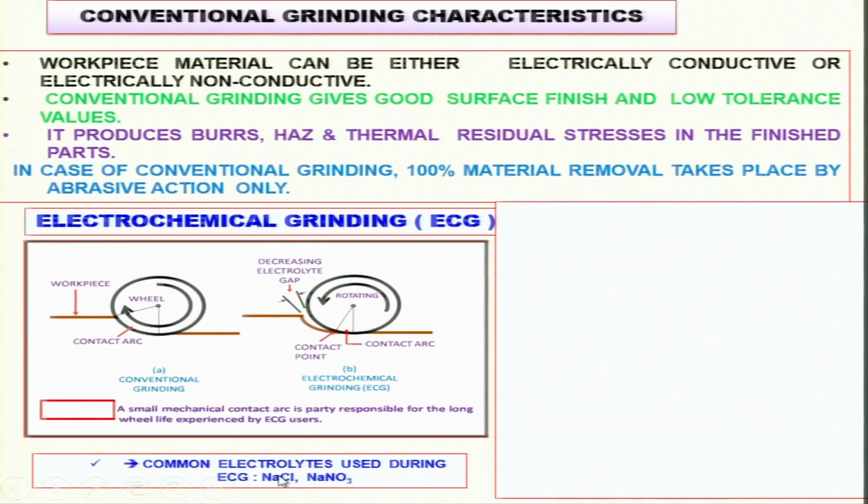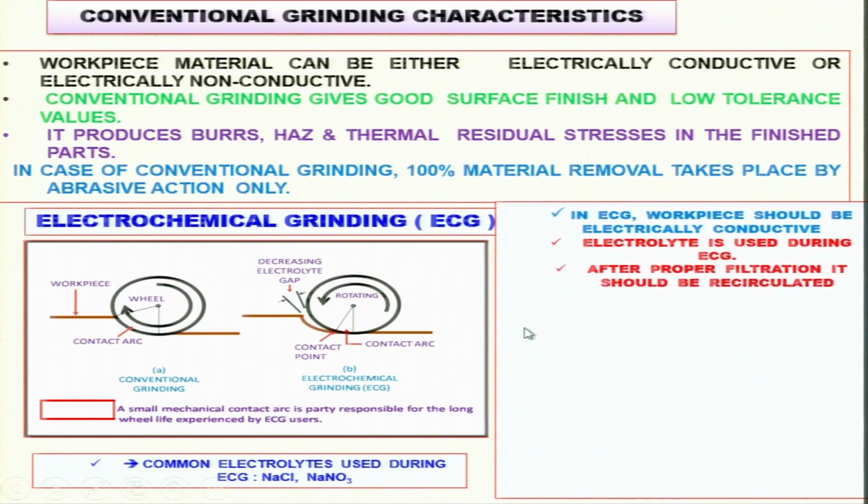Common electrolytes used during electrochemical grinding are NaCl, NaNO3, and others can also be used depending upon the workpiece material properties. In ECG, the workpiece should be electrically conductive. This is the basic condition required, because the workpiece forms the anode and the grinding wheel forms the cathode. Electrolyte is used during ECG, and after proper filtration and treatment it is normally recirculated, because electrolyte is quite expensive.